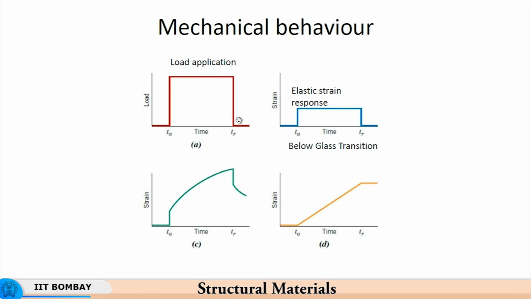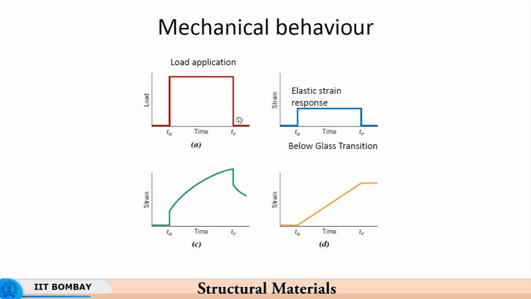So now here the temperature in this case is 100 degrees centigrade. So if you look at the mechanical behavior corresponding to a certain load application, let's say you apply instantaneous load, hold it for a while, and then bring it down. Whether it is metals or polymer below glass transition, it will follow the same pattern. Like the stress will rise, and therefore the strain will also rise.